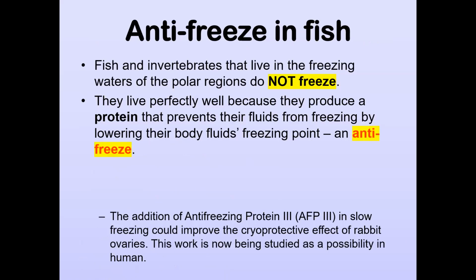Now the antifreeze in fish. So the fish and invertebrates that live in freezing water in the polar regions do not freeze. And they live perfectly well because they produce a protein that stops the body fluids freezing by lowering the body fluids freezing point.